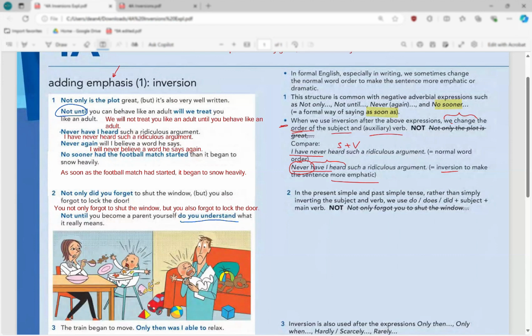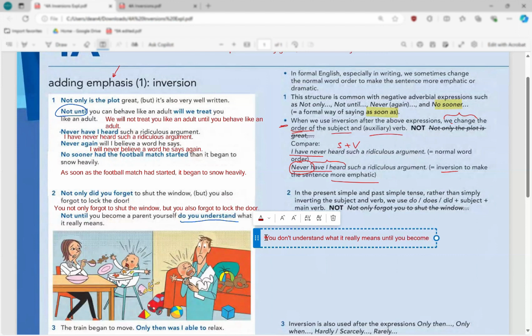So, you don't understand what it really means. I'm going to write here. Look, you don't understand what it really means until you become a parent yourself. You see, you don't understand what it really means until you become a parent yourself.